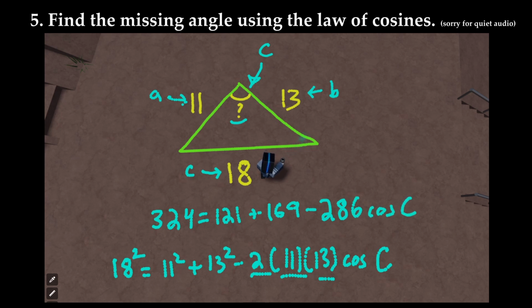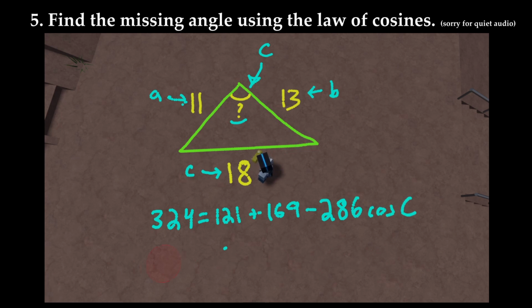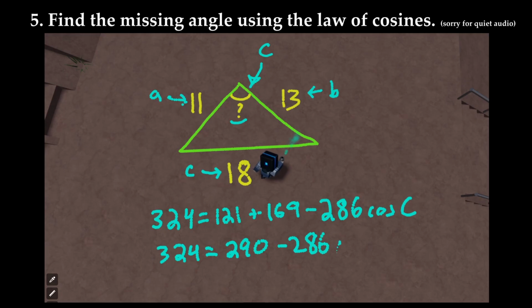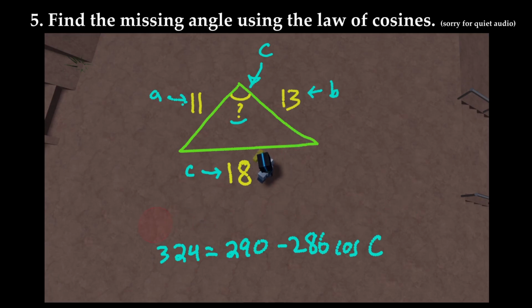Now I'll erase this at the bottom to continue simplifying. Now we have 324, and that's equal to 121 plus 169 is 290, minus 286 times cosine of C. Now just subtract 290 from both sides.